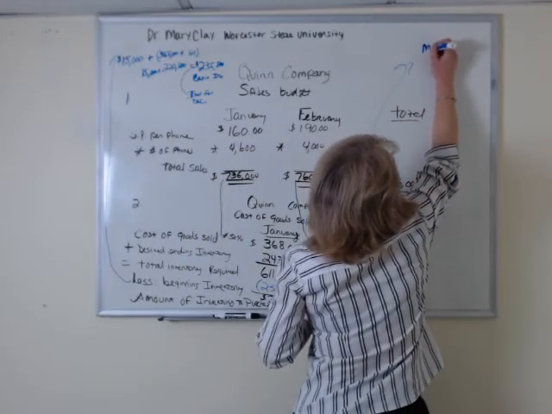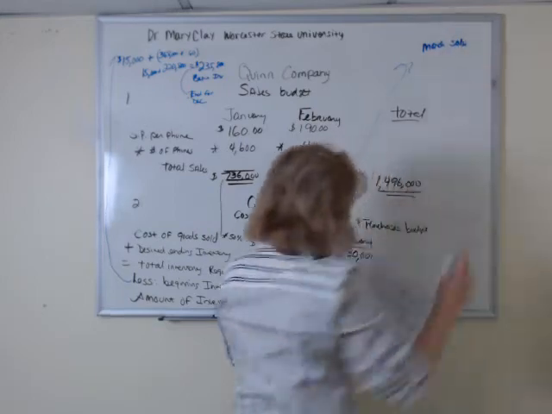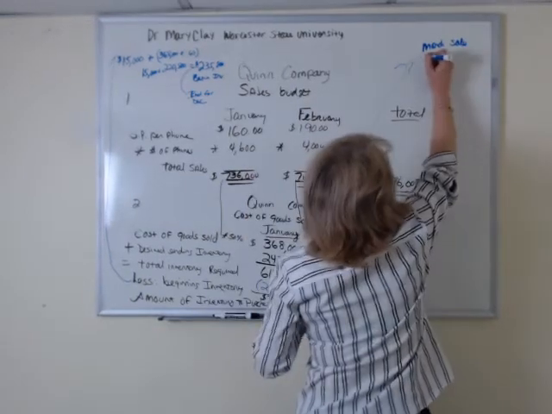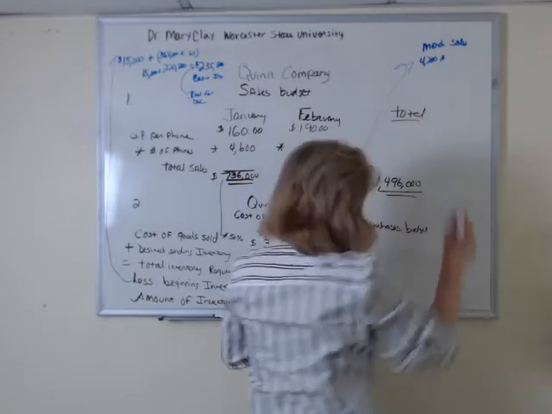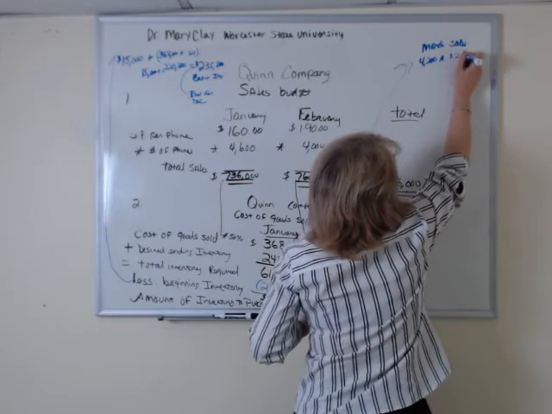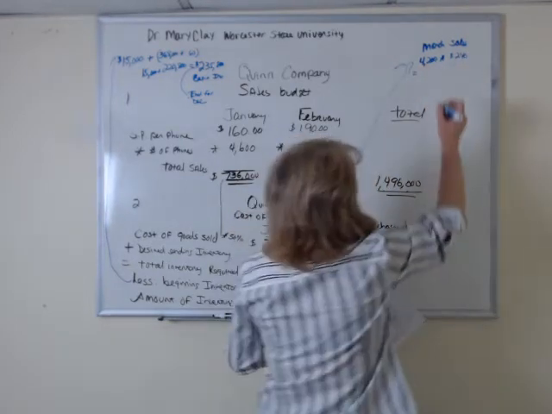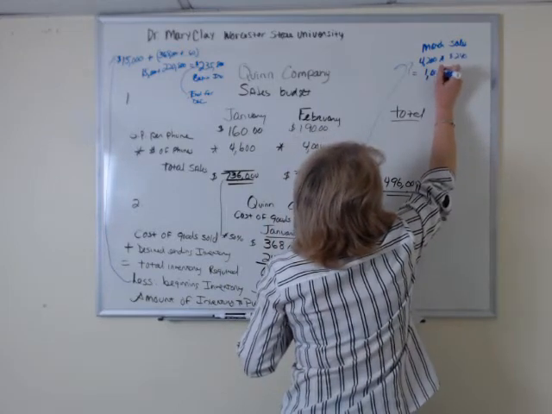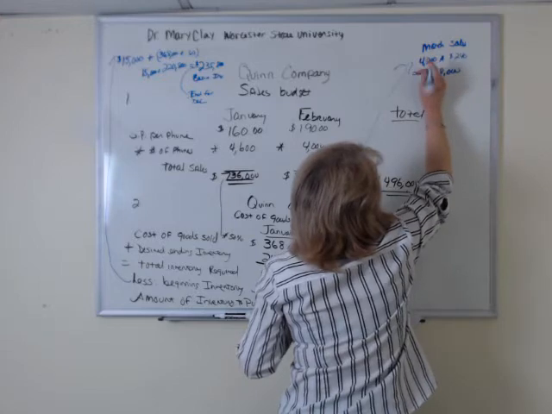Here's March sales. I'm going to take 4,200 times the selling price of 240. That gives me 1,008,000. Remember, that is the sales figure.